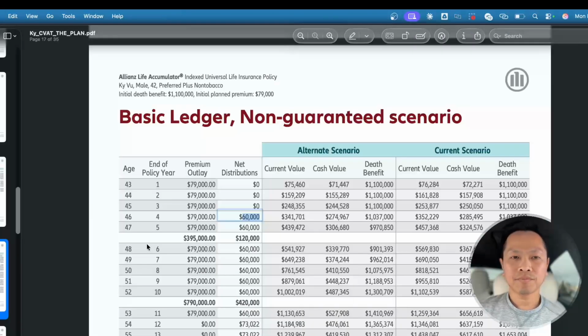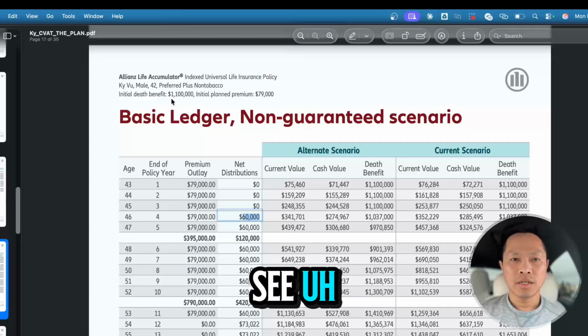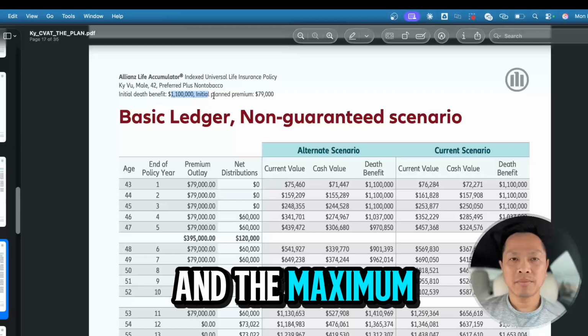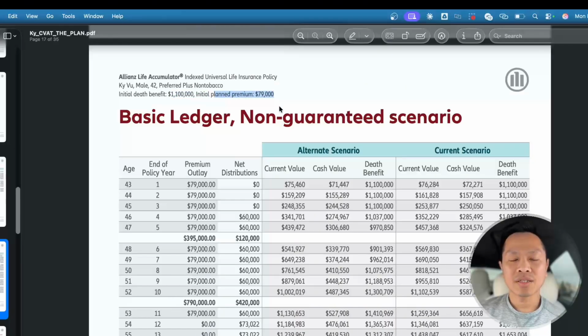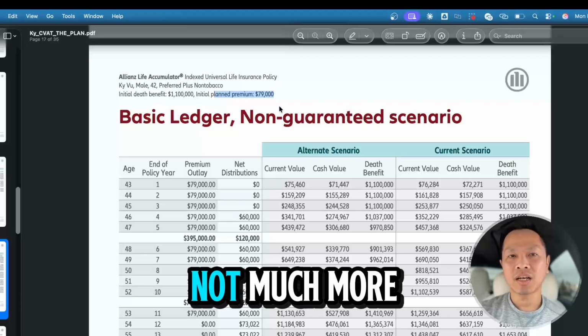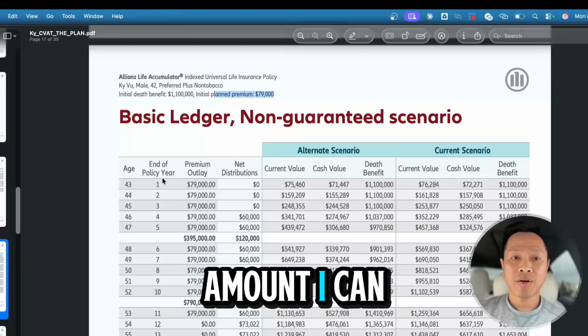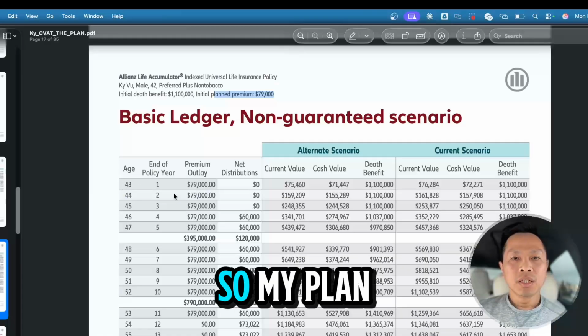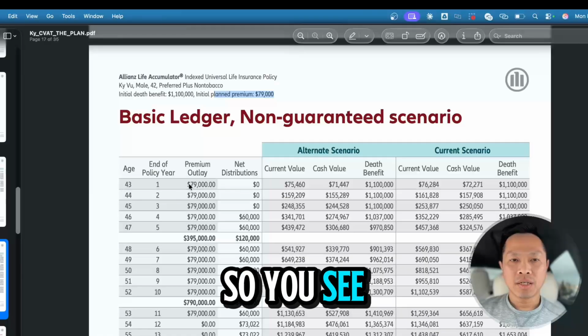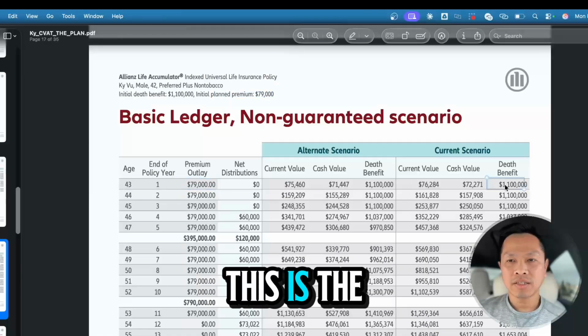All right. So you see 1.1 million death benefit, and the maximum that I can put in is around 79,000, a little bit more than that, but not much more. That's the maximum amount I can put in for this policy per year. So my plan is, you see the first year, this is the death benefit.